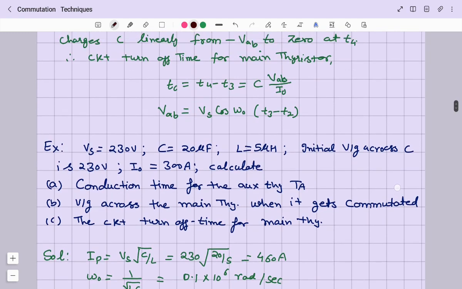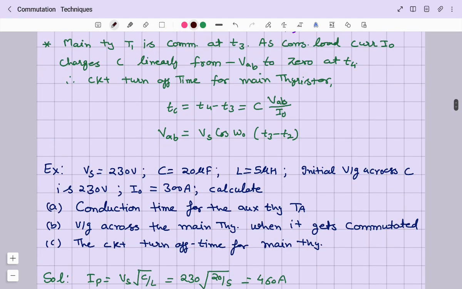Now you have to find out one problem related to this. In the circuit shown above, the supply voltage is 230 volt, capacitor is 20 microfarad, inductor is 5 microhenry, initial voltage across C is 230 volt, I0, that is the load current, is 300 ampere.